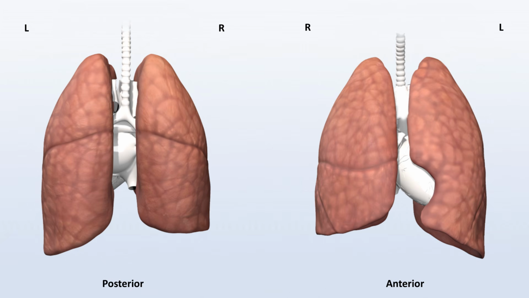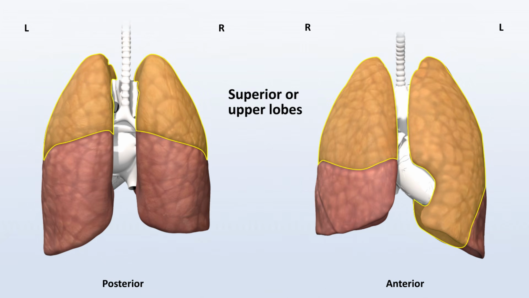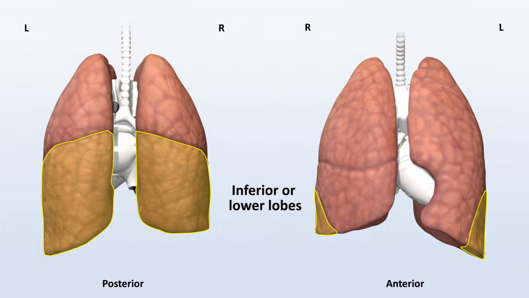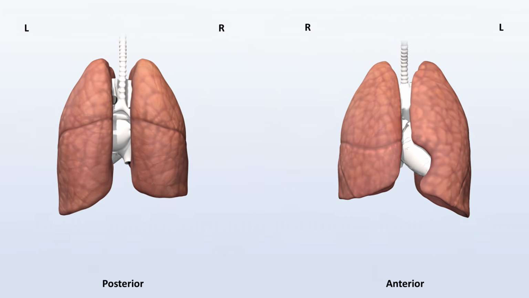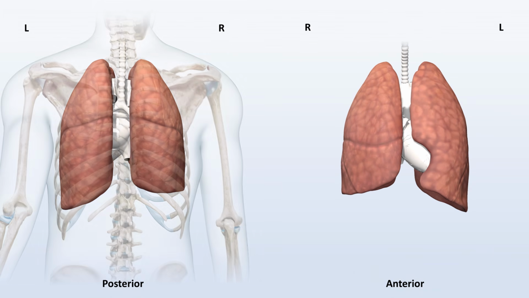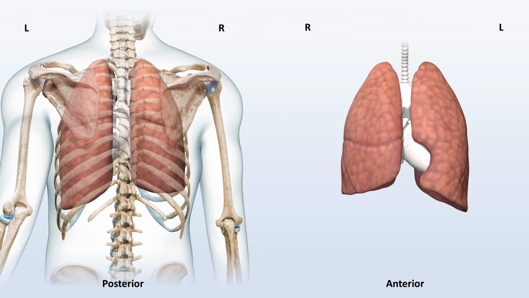Remember that there are 3 lobes in the right lung and 2 lobes in the left. If we look at a person from behind, we can see that the paired scapula cover much of the upper thoracic cavity.